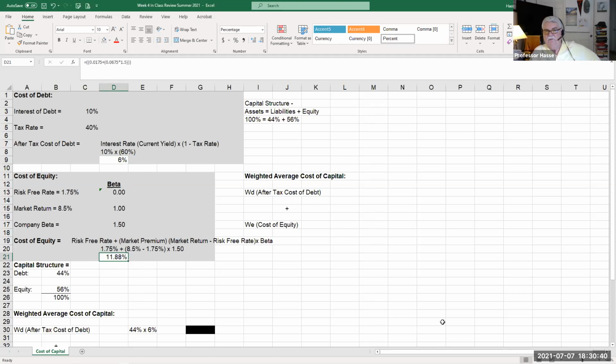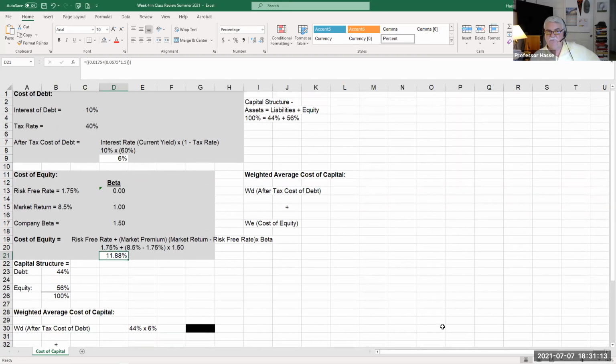Zero risk is called the risk-free interest rate, market risk is called the market return, and the company's risk is their beta in the marketplace. Combine all those into the CAPM formula: risk-free interest rate plus market premium, which is the difference between the market return and the risk-free rate, times the beta of the company, or the risk of that particular company, gives you the cost of equity.